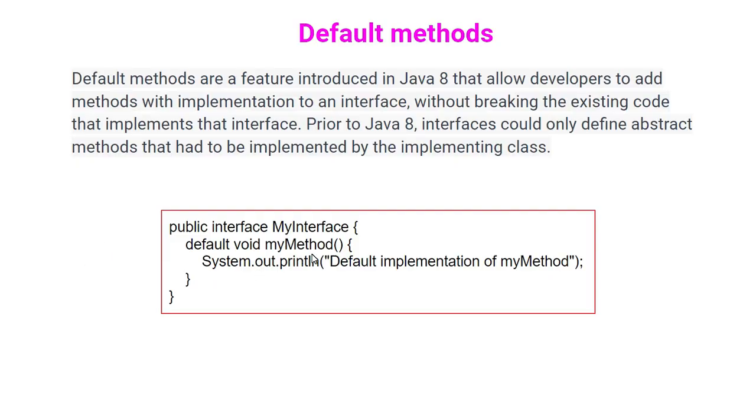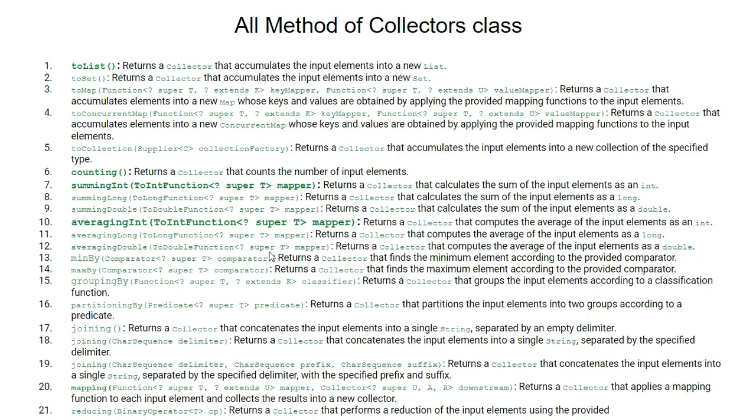If you see here, it's saying minBy returns a Collector that finds the minimum element according to the provided comparator. So basically inside minBy we can pass the comparator, and you already know the use of a comparator for sorting data.